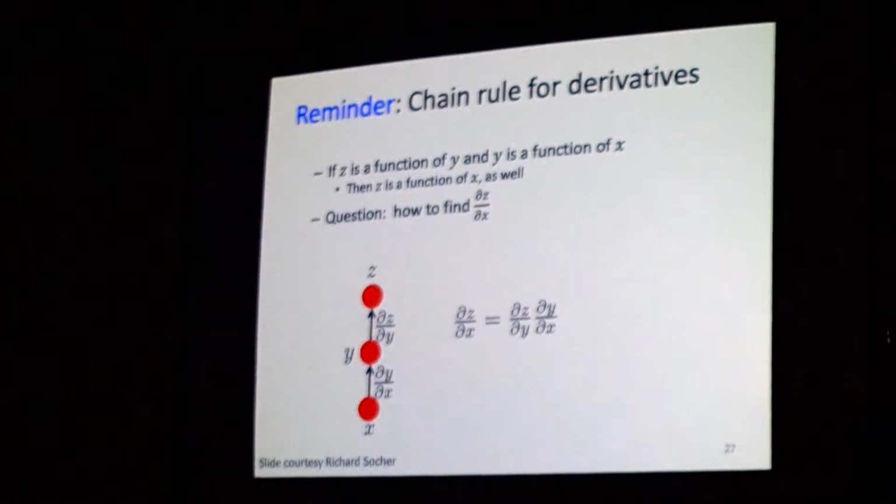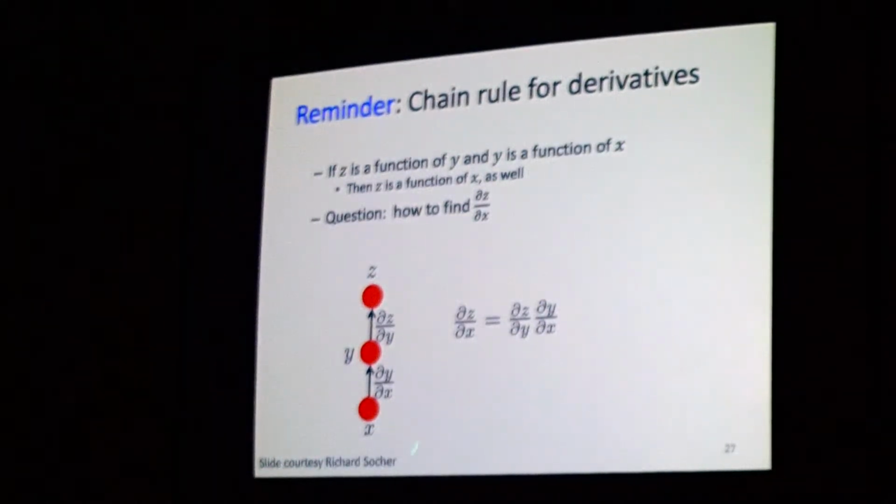Now, to compute partial z over partial x, from a graph point of view, we simply look at the path from x to z, then multiply all the intermediate partial derivatives along the path.